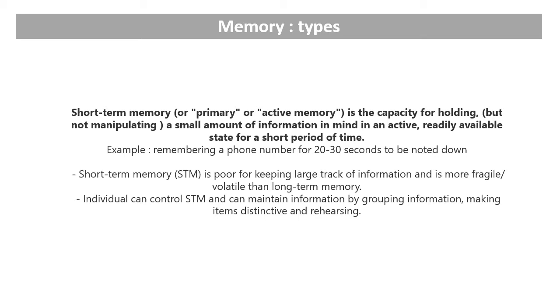It is the capacity of holding a small amount of information in mind in an active, readily available state for a short period of time. For example, you asked your friend for some other guy's phone number, and you are keeping it in your memory for say 20 to 30 seconds max, before noting it down.